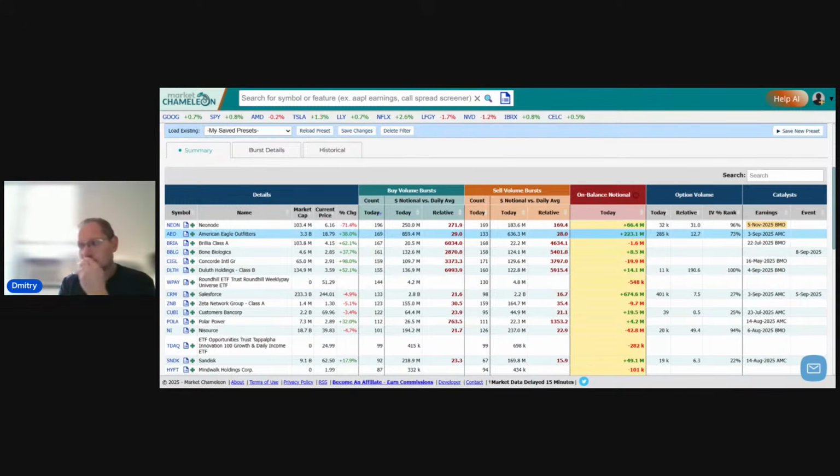So the idea is, when we see these large volume bursts, how often do they happen, and what does that trading activity reveal?